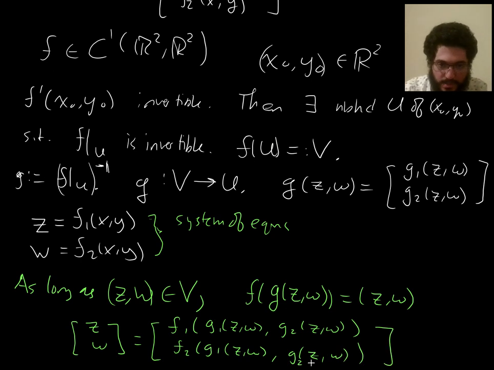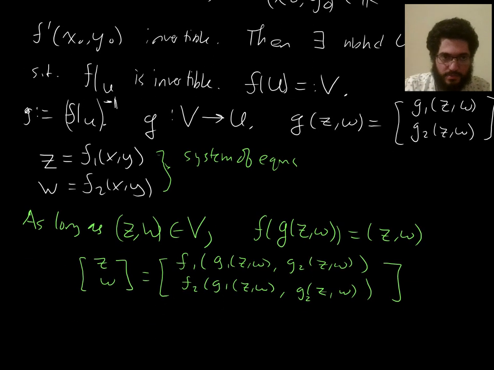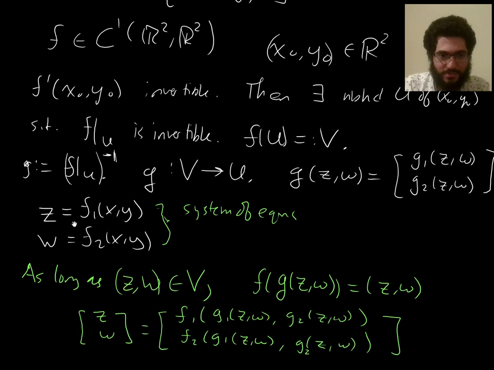Of course, this is on the right hand side here. This is what it means to say f of g of (z, w), right? So the inverse function theorem is telling you that you can solve this system of equations.